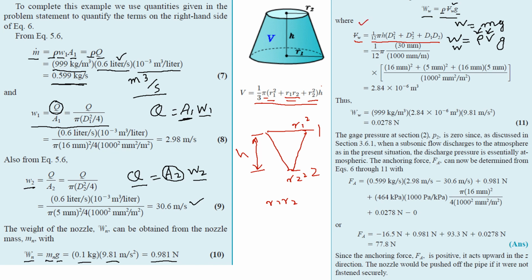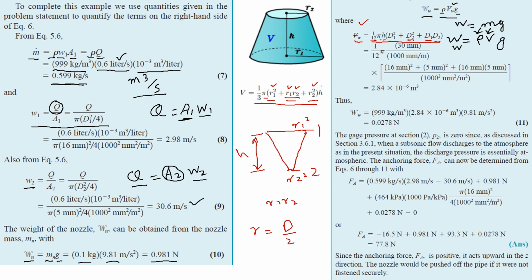So here 1 by 12 represents the whole volume: pi h, D1 square where D1 is our diameter at section 1, D2 square where D2 is our diameter at section 2, and D1 into D2. These are the terms that are given as radii, but here we are taking diameter, and you know that r is equal to d by 2.